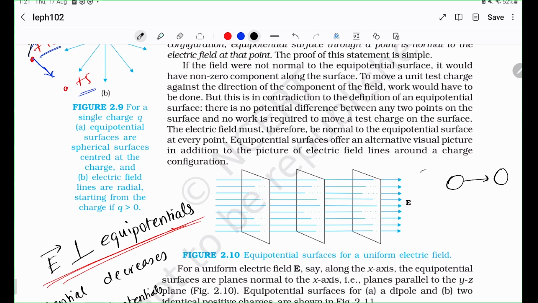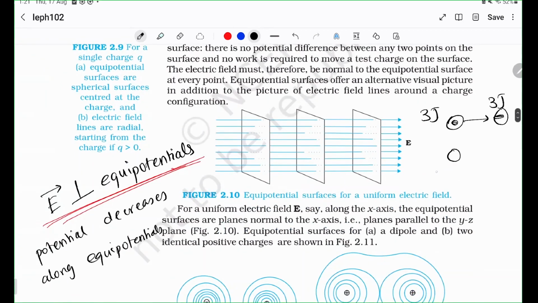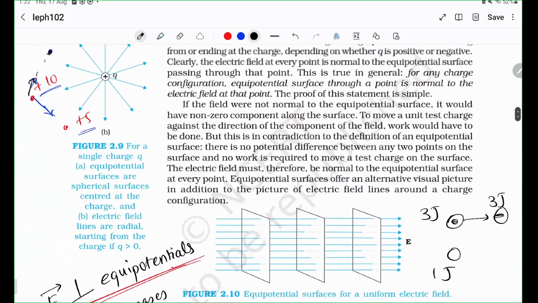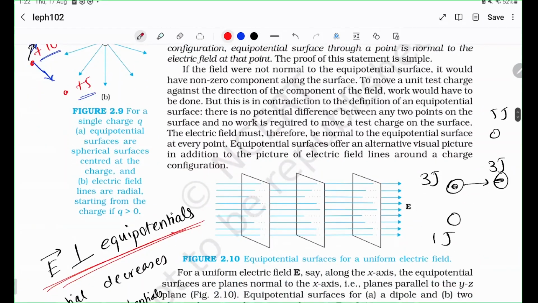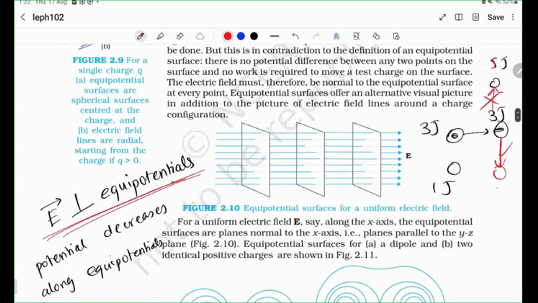If it has a potential energy of 3 joules here, it's going to have a potential energy of 3 joules sideways. Down, it's going to have a potential energy of 1 joule. Above, it's going to have a potential energy of 5 joules. It will definitely not go up because it doesn't want to increase the potential energy. It definitely wants to come down because it wants to decrease the potential energy and convert it to kinetic energy. But it doesn't want to go sideways because it doesn't achieve anything by doing that.